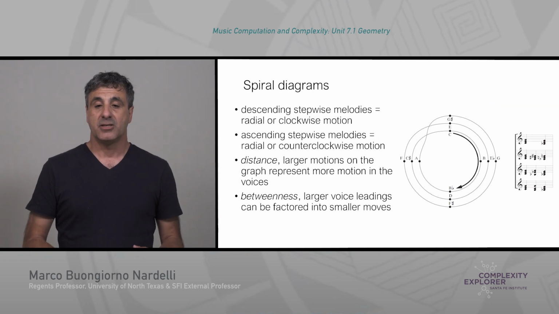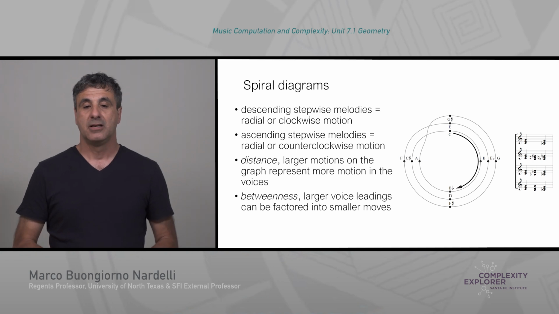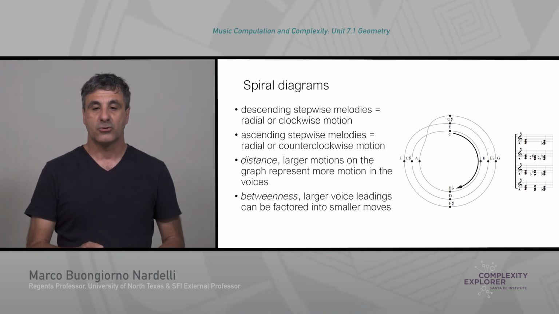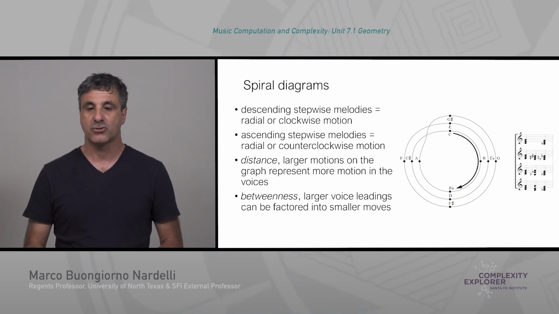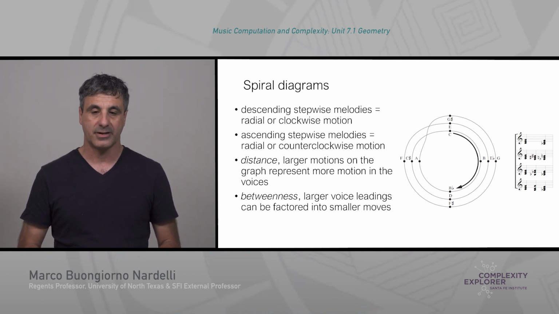Spiral diagrams can be used to break down chord progressions, for instance. In this particular example, I'm showing here a motion from a C major chord to a B major chord, and that's like the first staff line on the right.